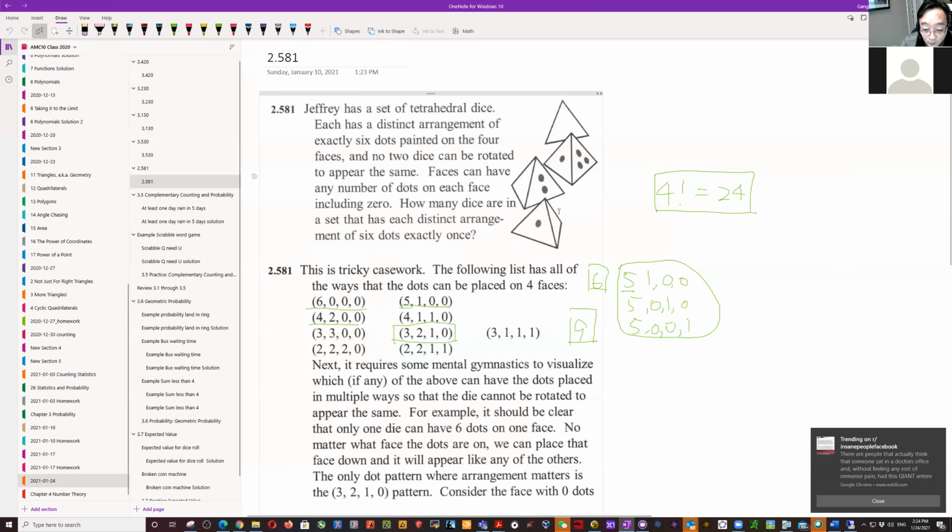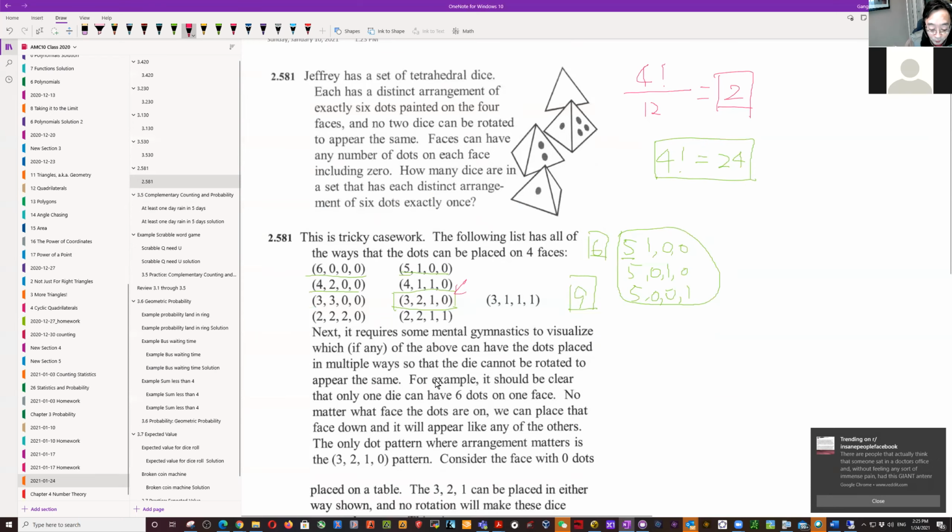For any arrangement, you have 4 factorial to arrange the faces 1, 2, 3, 4, but since you have 12 multiplicity, in reality there are only 2 ways to arrange the tetrahedron dots. So for this, its multiplicity is 2.